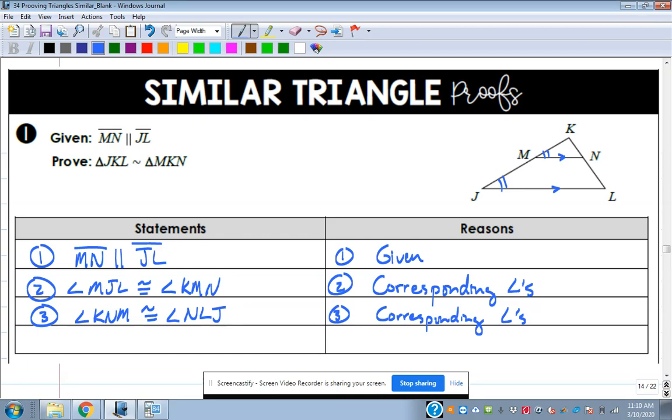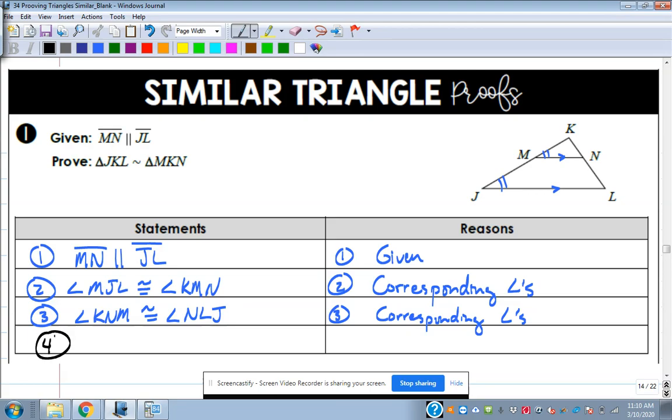So Logan said, could we do reflexive with this angle up here at the top? Absolutely. It still gets the triangle similar. It doesn't matter which two pairs of angles we have that are congruent, just that two of them are out of that. So either way would work there. So that's where your proof may vary from your neighbor's proof or from the key that we practice with here.